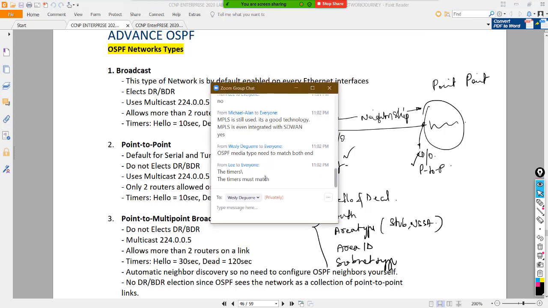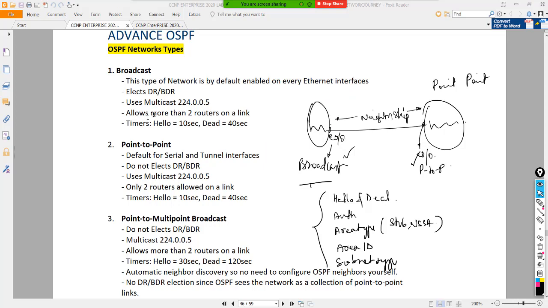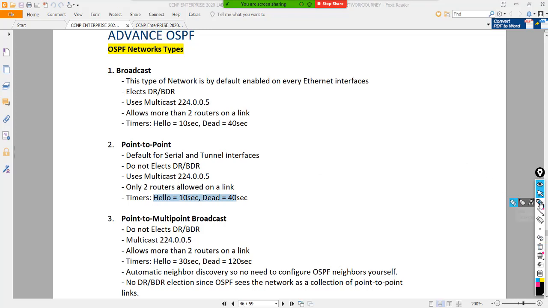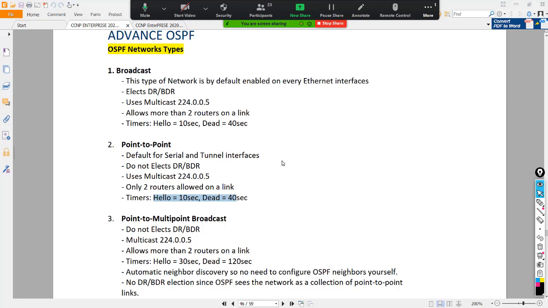Yes, the timers should match, and if you see over here, the timers are the same for broadcast and point to point. This is a technical interview question where interviewers ask these kinds of questions.